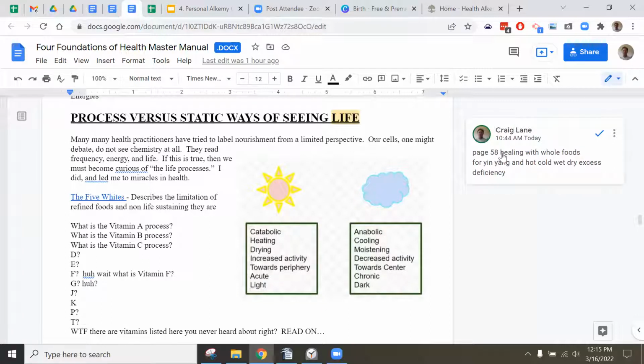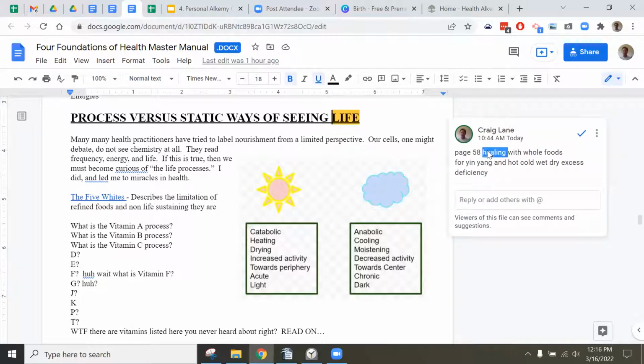The Healing with Whole Foods book, you guys, is the book to help you with the process versus static ways of seeing. Healing with Whole Foods by Paul Pitchford. The chapter kind of starts at page 49 and it goes through for about 40, 50 pages. So if you don't have the book Healing with Whole Foods, highly recommend.